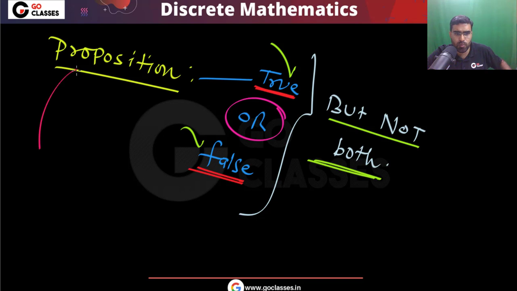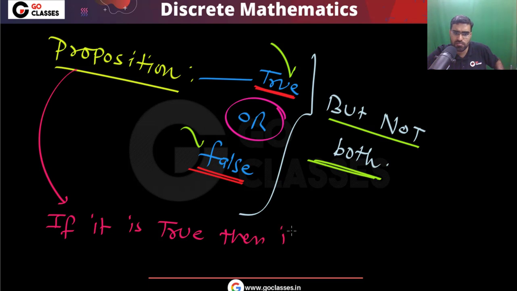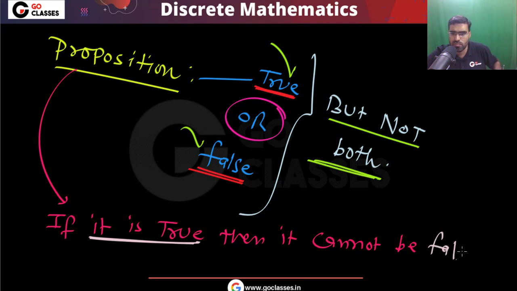This is the definition of a proposition. In any situation, if it is true, then in that same situation it cannot be false.